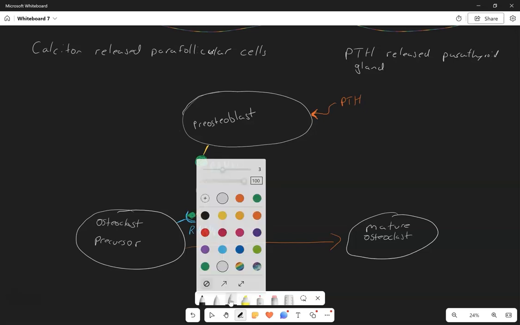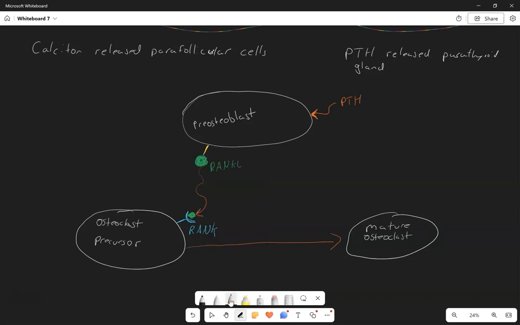When that happens, that osteoclast is going to break down bone, and when it breaks down that bone, it is going to free up the calcium stored in that bone and release it into the blood. So PTH, or parathyroid hormone, is going to lead to an increase in our blood calcium levels.